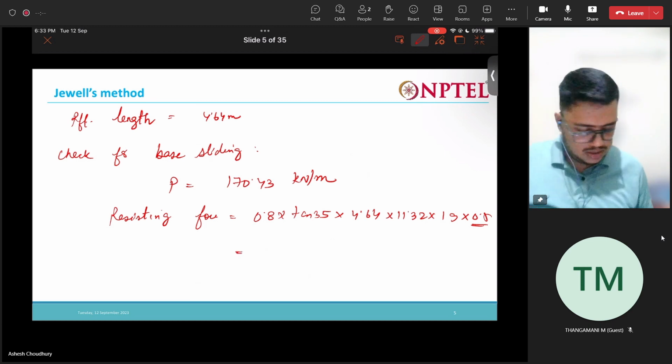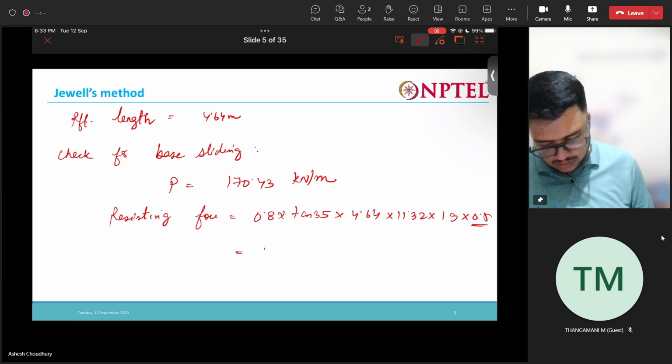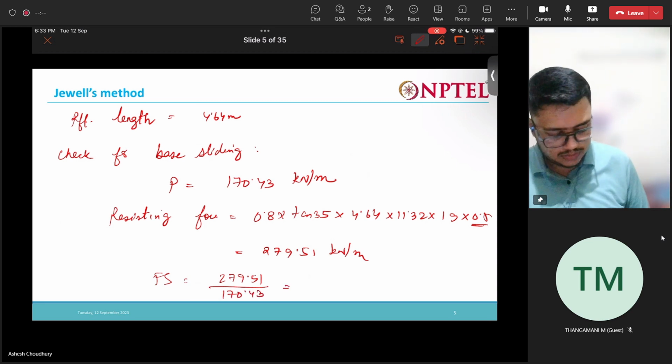So let us see, 0.8 times 1035 times... 279.51 kilonewton per meter. So what is the factor of safety in sliding? 279.51 divided by 170.43 is 1.64.